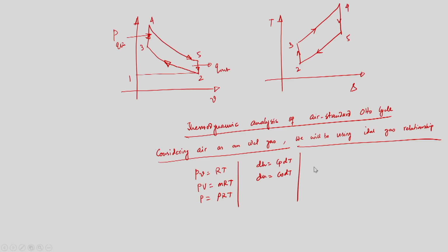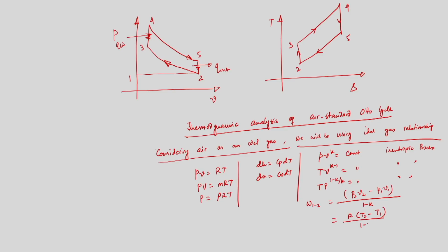Then we are assuming PV to the power k is equal to constant, this is for an isentropic process, and this will be equal to TV to the power k minus 1 is equal to constant, again for an isentropic process. TP to the power (1 minus k) by k is equal to constant for an isentropic process, and work done W12 will be (P2V2 minus P1V1) divided by (1 minus k), that is equal to R into (T2 minus T1) divided by (1 minus k).